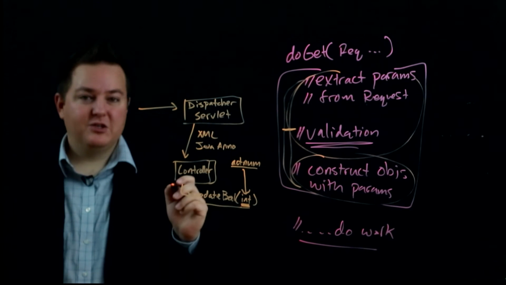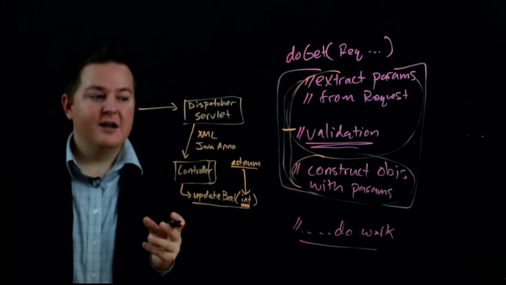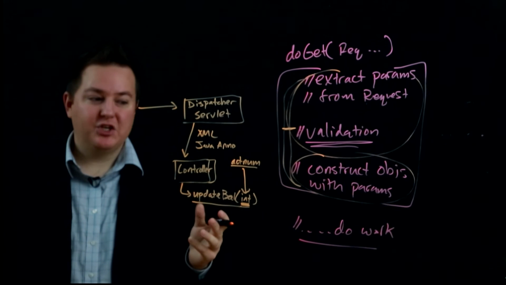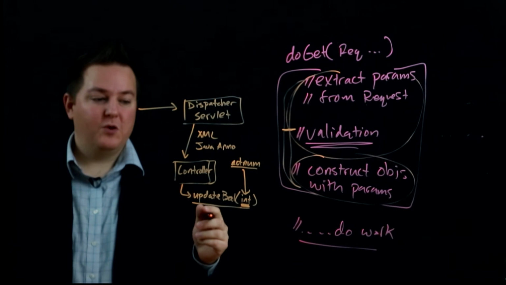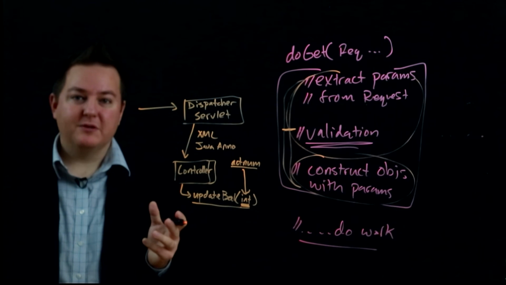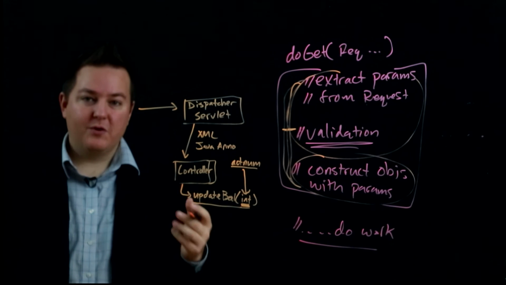So the Dispatcher Servlet gives us a whole bunch of extra routing power as well as data extraction, marshaling, and validation before we actually do work. So it simplifies our lives as developers by eliminating all of this boilerplate code that we would normally have to write.